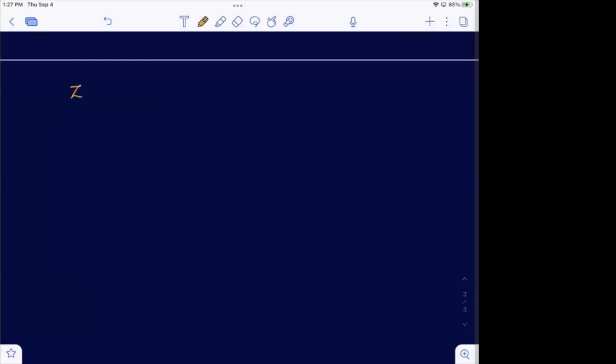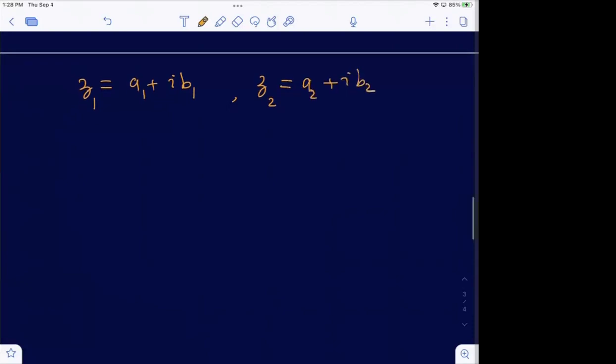Now, when do we say two complex numbers, z1 equals a1 plus i b1 and z2 equals a2 plus i b2, are equal, z1 equals z2?